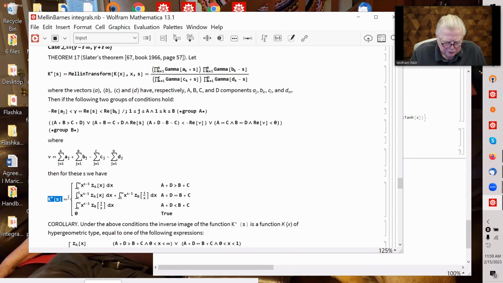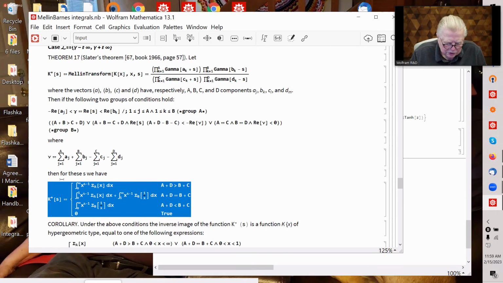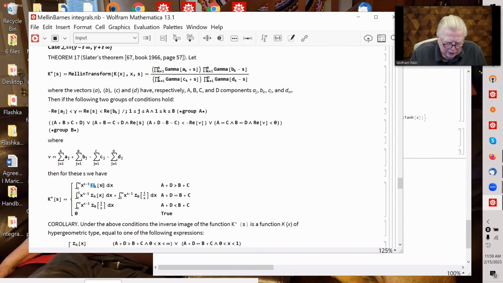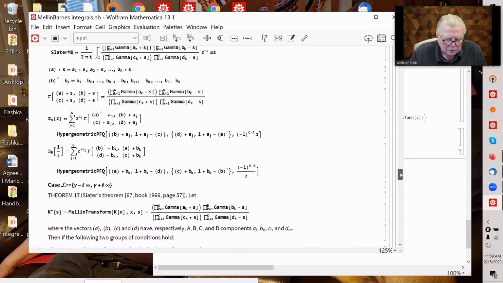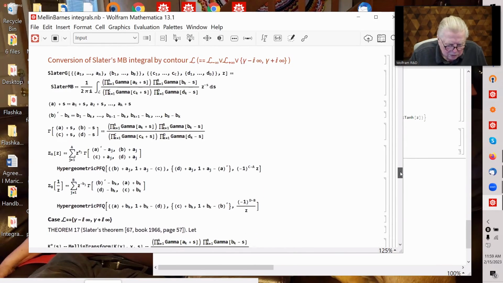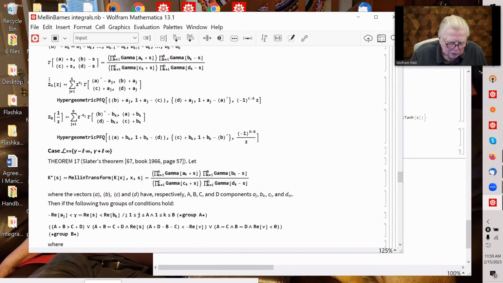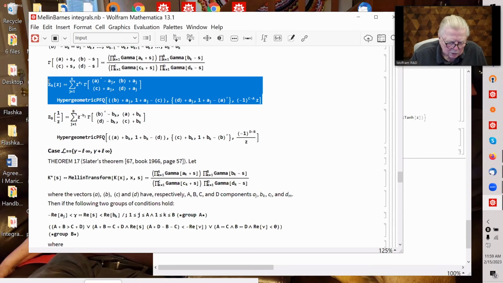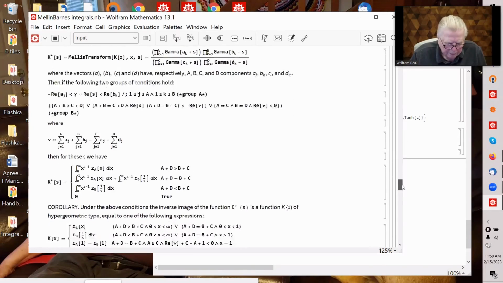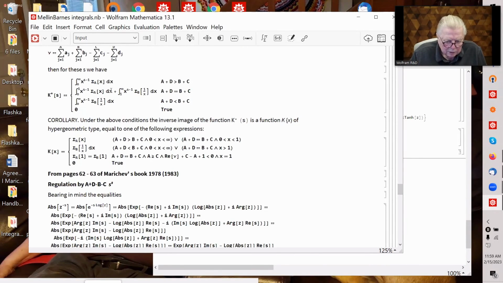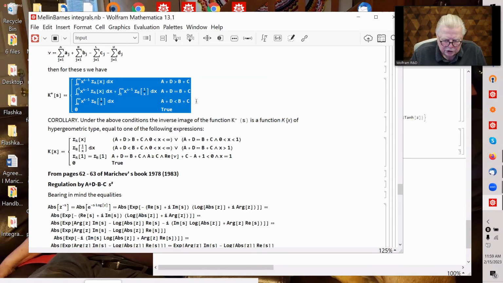This Mellin transform is the Mellin transform from this sigma, which you see above, or this sigma B, under corresponding restrictions.